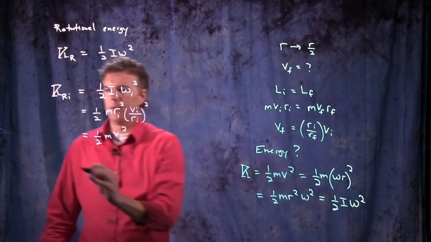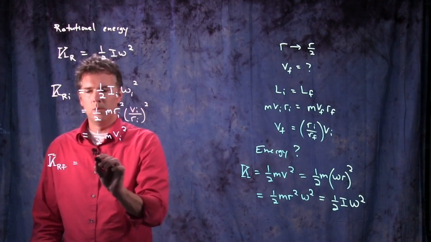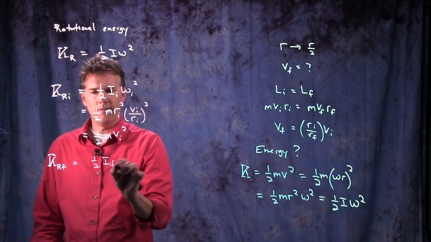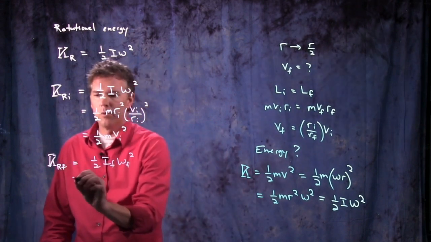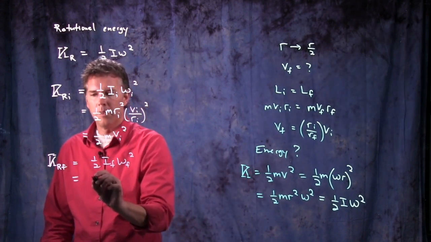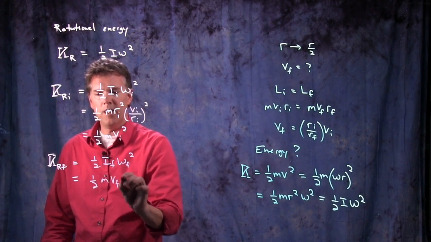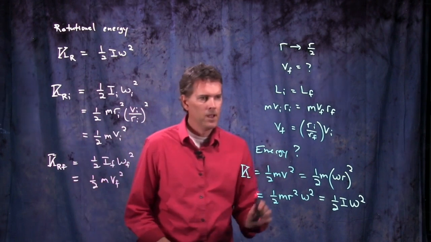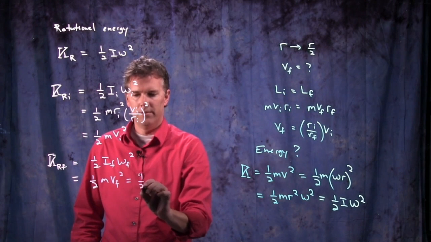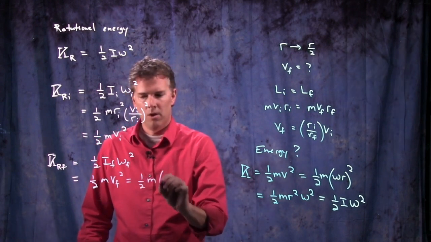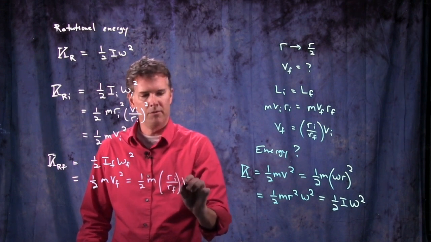But what about r final? When we pull this thing in, we've got 1/2 I final omega final squared. And that is, of course, by the same argument, going to become 1/2 times m v final squared. And we know exactly what v final is. V final is r initial over r final times v initial.